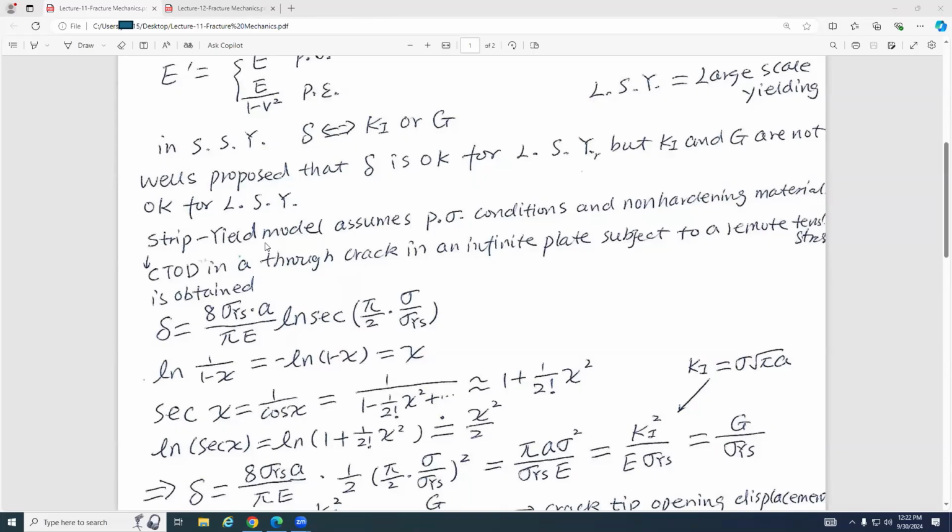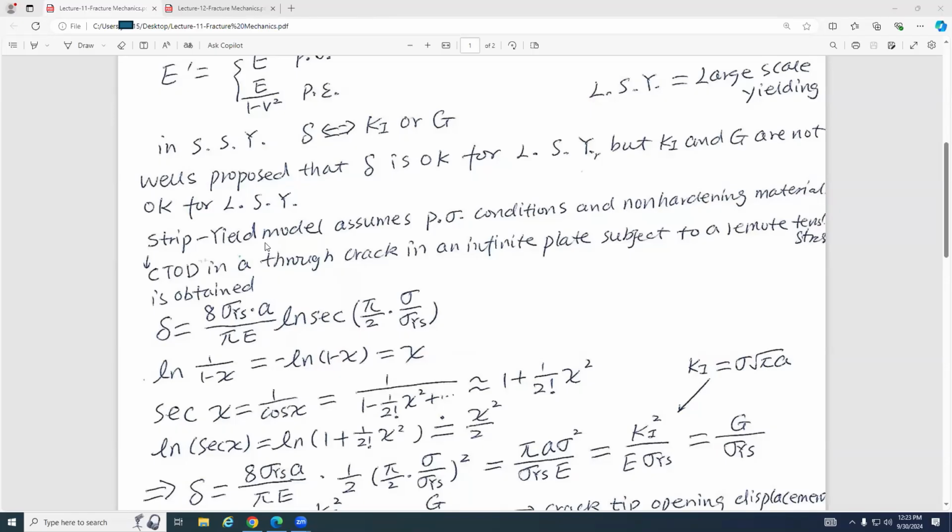Cosine x can be approximated using an infinite number of polynomial terms. Then we have log of 1 over x equals this one.